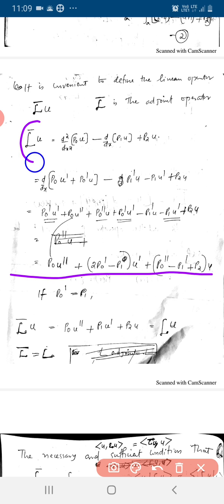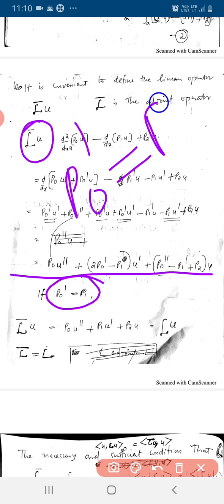This is L adjoint u, and suppose p0 prime is equal to p1. This is an important criterion: p0 prime equal to p1. Then this will become p1, and here p0 double prime. If p0 prime is p1, p0 double prime will be p1 prime.